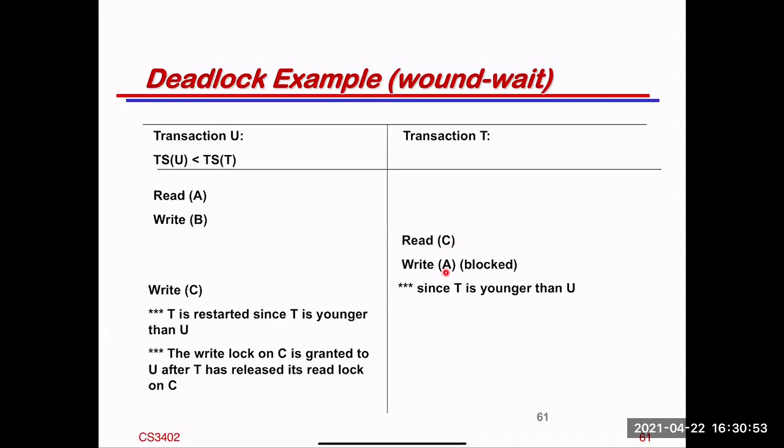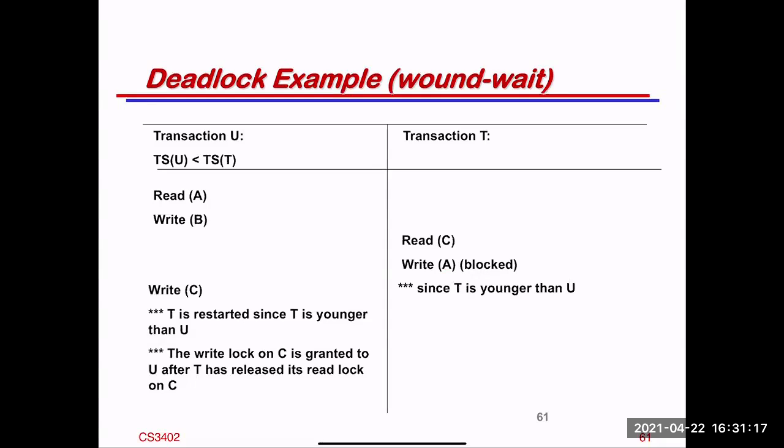And now when we come to this write of A here, when we try to acquire the write lock, transaction T will be blocked, right? Because we already have a read lock over here. And what is going to happen? Well, we're using wound wait, right?